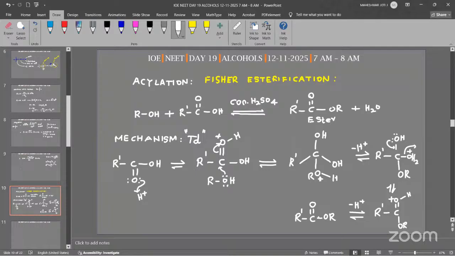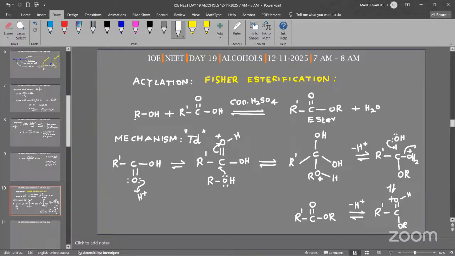Clear? So in the examination, in the place of R, there may be any alkyl group like methyl, ethyl, propyl. In the place of R dash, there may be hydrogen. If it is hydrogen, formic acid, right? If R dash is hydrogen, we'll get an alkyl formate. Or it may be a methyl group or ethyl group or propyl group, right?